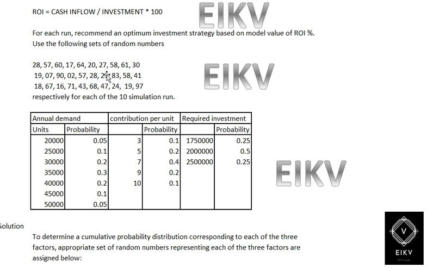Random numbers are given for the three factors: 28, 57, 60, 70, 64, 20, 27, 58, 61 and 30, and 97, 90, 90, 57, 26, 29, 83, 38 and 41. Then 80, 67, 16, 71, 43, 68, 47, 24, 90 and 97 respectively for each of the 10 simulation runs.